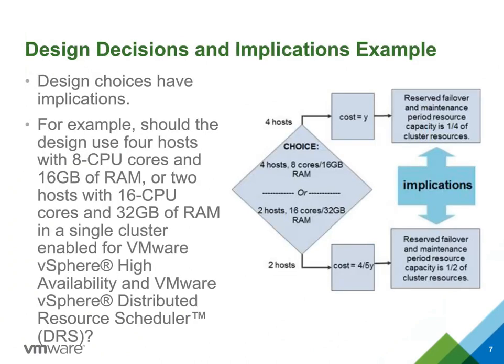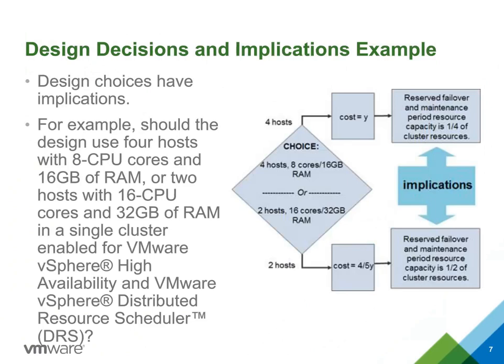One of the design decisions that's going to need to be made in any virtual infrastructure is the number and the size of the ESXi hosts involved. Again, to point out some of the trade-offs in a decision such as that, consider the following example.